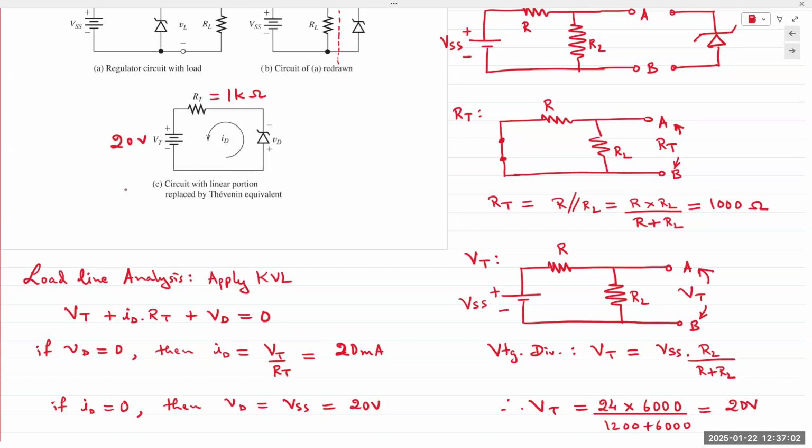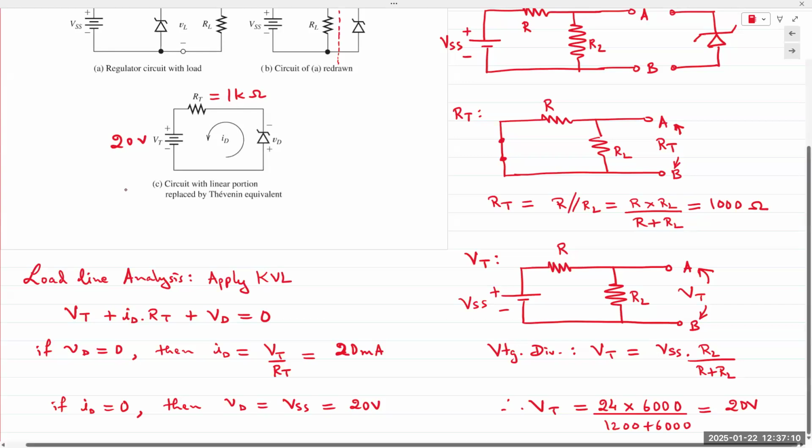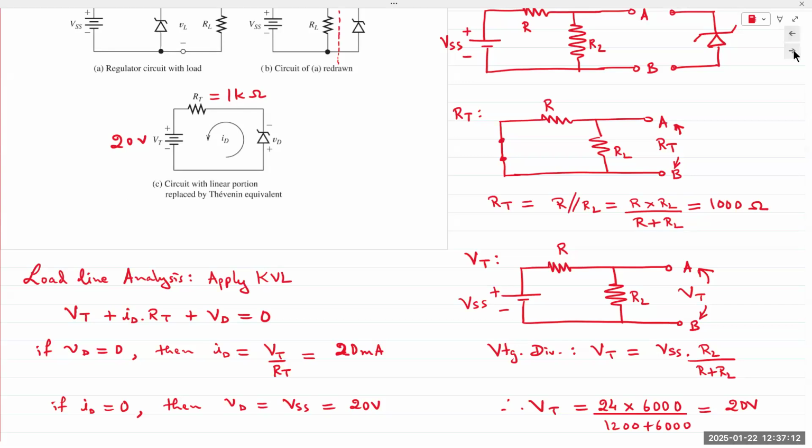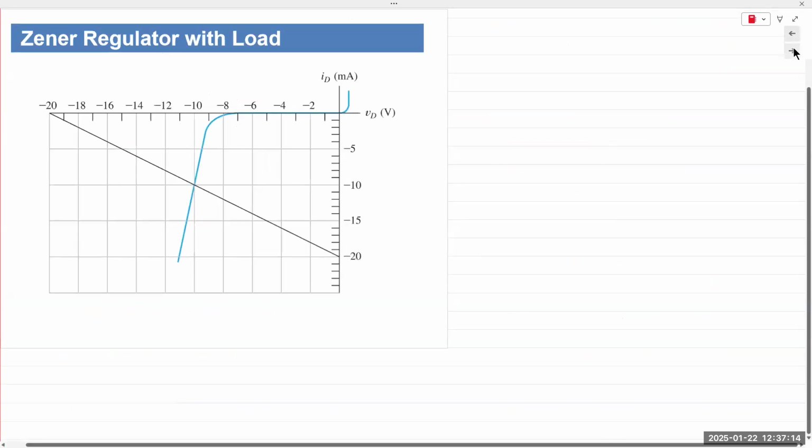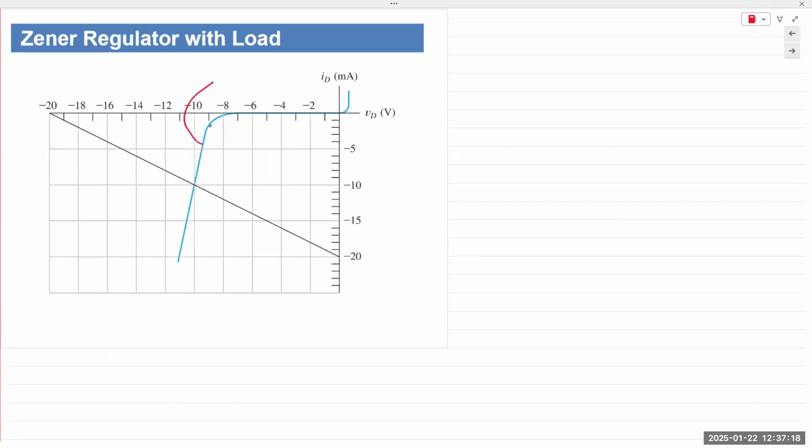At this point, let's say we don't know what VZ is. Again, the load line characteristic is given to us, and it's right here on the next slide. So this is given to us, graphical analysis, and this is what we calculated and plotted.